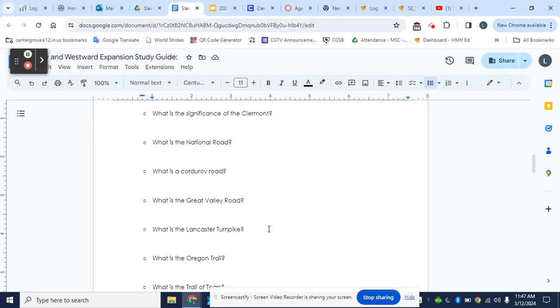And the Lancaster Turnpike is another early road, but this road is slightly different because it's going to be built by private companies, and they're going to pay for the road by collecting tolls. Okay, and this is where that word turnpike comes in. So I explained in class that you've got almost like a gate, and they refer to that gate as the pike.